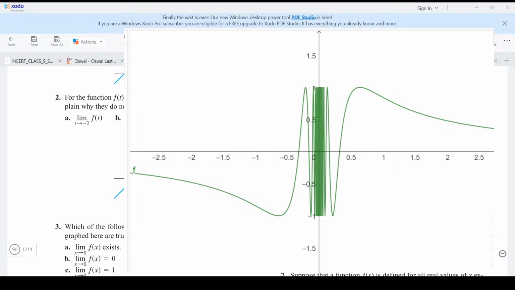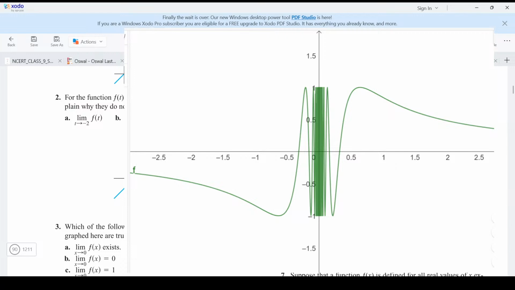Now what is f of 0.2? Is it positive or negative? You have to look at the graph. f of 0.2 is this value, no? -0.2.